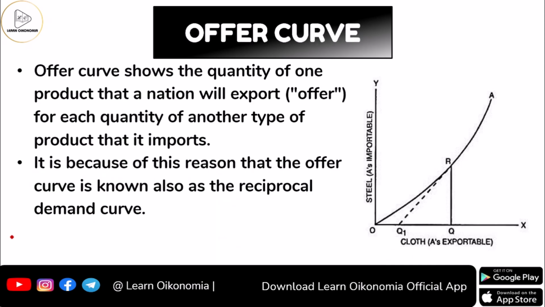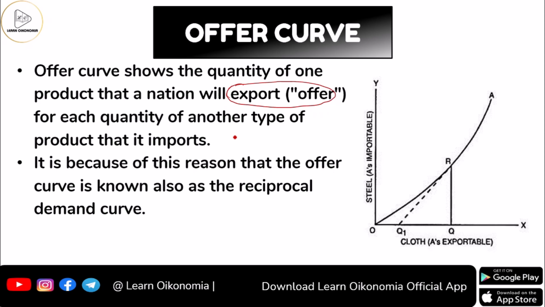What you see here is called an offer curve, and an offer curve shows you the quantity of a product which a particular nation would be exporting, or offers, for each quantity of some other kind of product that it would be importing from some other nation.